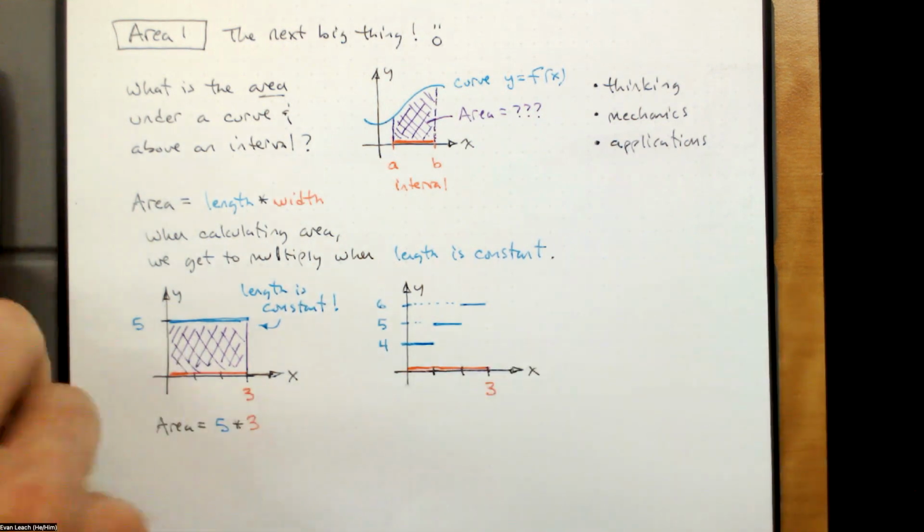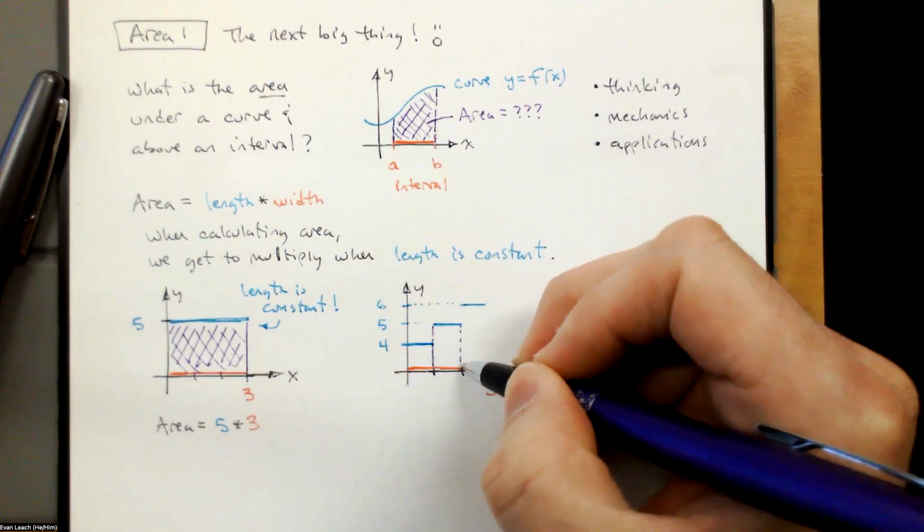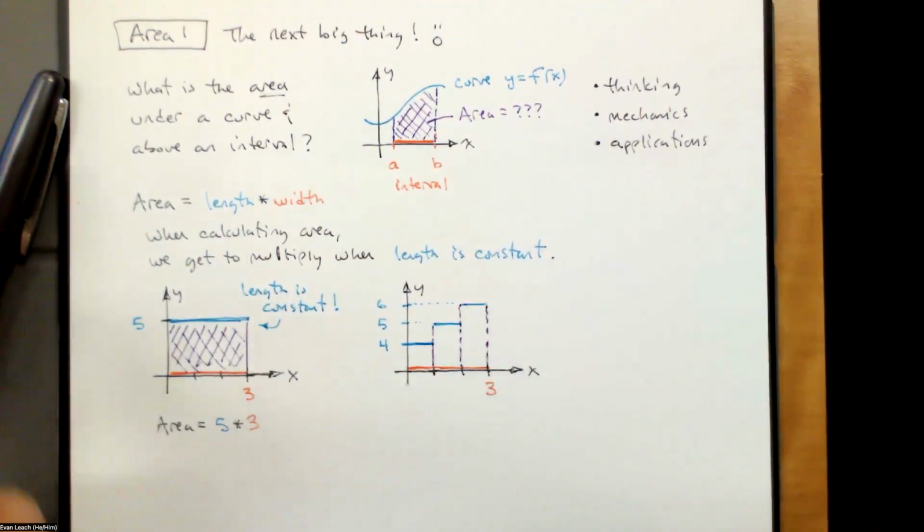So in this scenario, I still might want this area. But length is not constant, so we don't get to multiply.